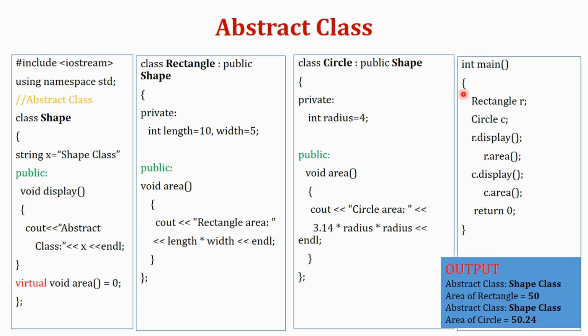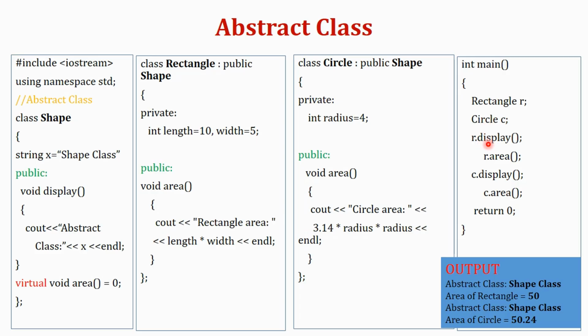In the main program, we are creating objects from the derived classes, rectangle and circle. The object R is created from the rectangle, and the object C is created from the circle. With the help of the subclass object, we can access both superclass properties as well as subclass properties.